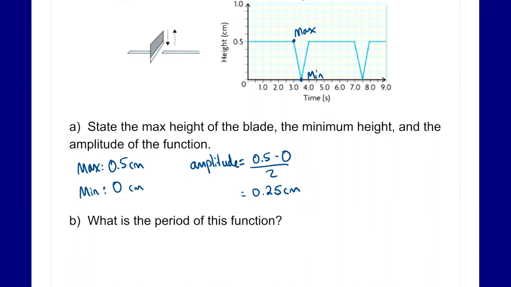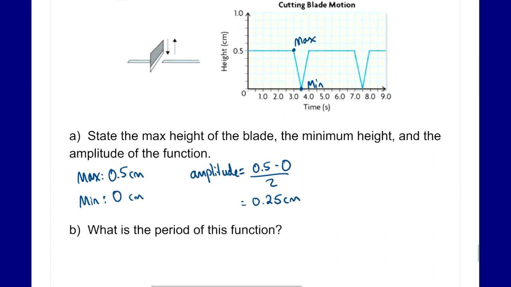B asks, what is the period of this function? Again, we could take two values and see where it starts to repeat. We could pick right here, which is right after it comes up. So the blade goes over, goes down, and comes back up. That's one period. So from here to here is a period.